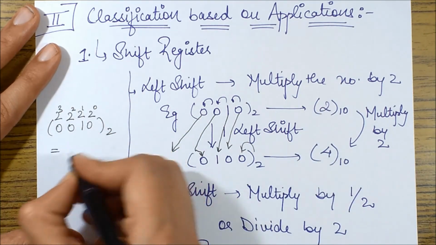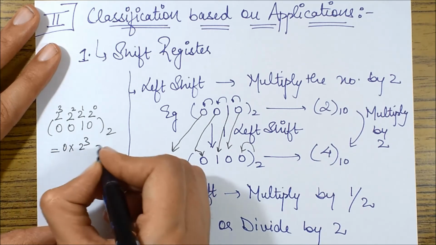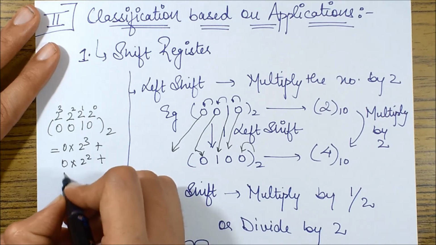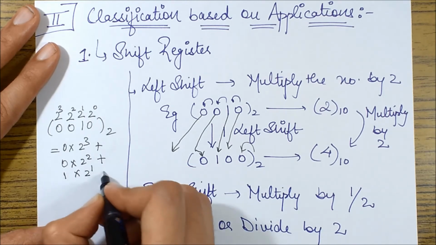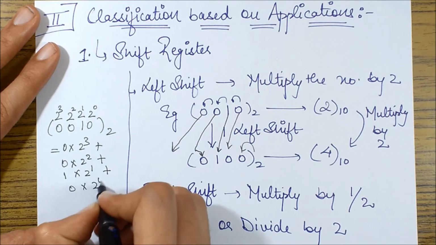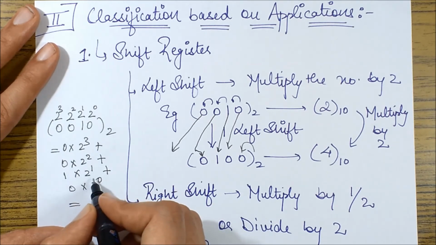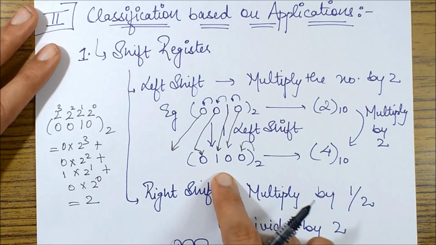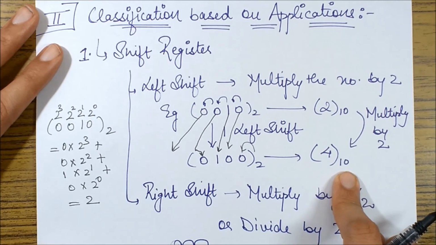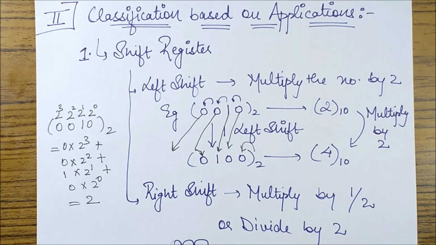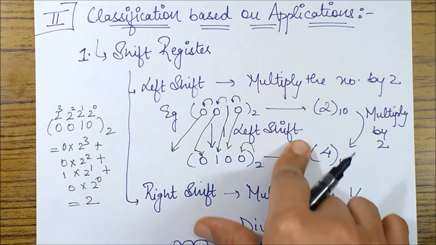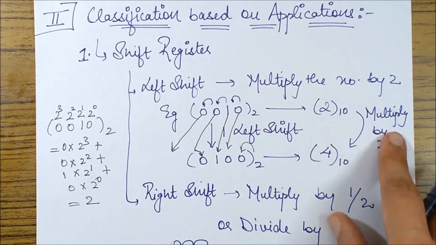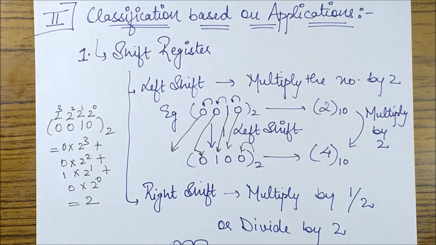So the number will be 0 into 2 to power 3 plus 0 into 2 to power 2 plus 1 into 2 to power 1 plus 0 into 2 to power 0, which is nothing but 1 into 2 to power 1, which is equal to 2. Similarly you can do it for this one, which will yield you 4 as the output. So you see that performing one left shift operation on all the bits yields the multiplication of the number by 2.